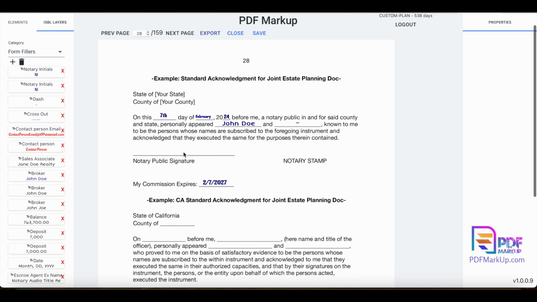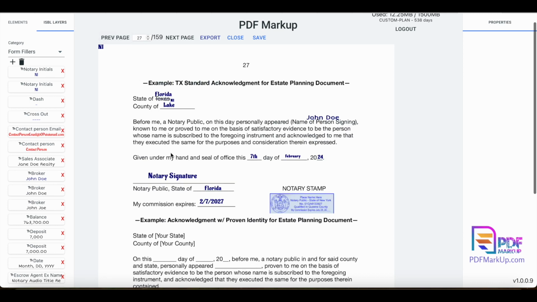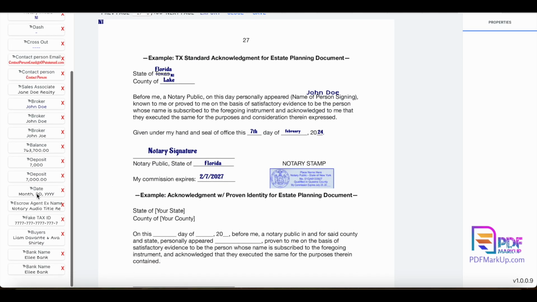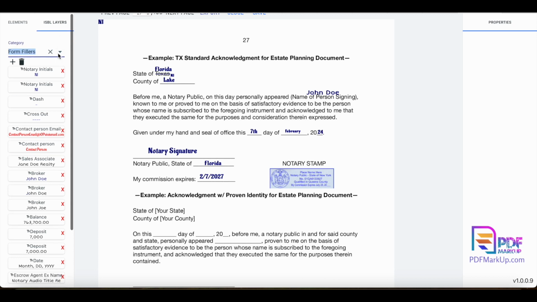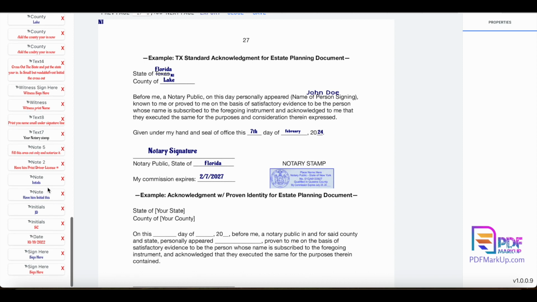Of course, you put your notary signature. I think we didn't mention it on the previous page, but when you sign, if your signature is not readable, you want to go ahead and print your name. Best practices. I always tell people best practice.